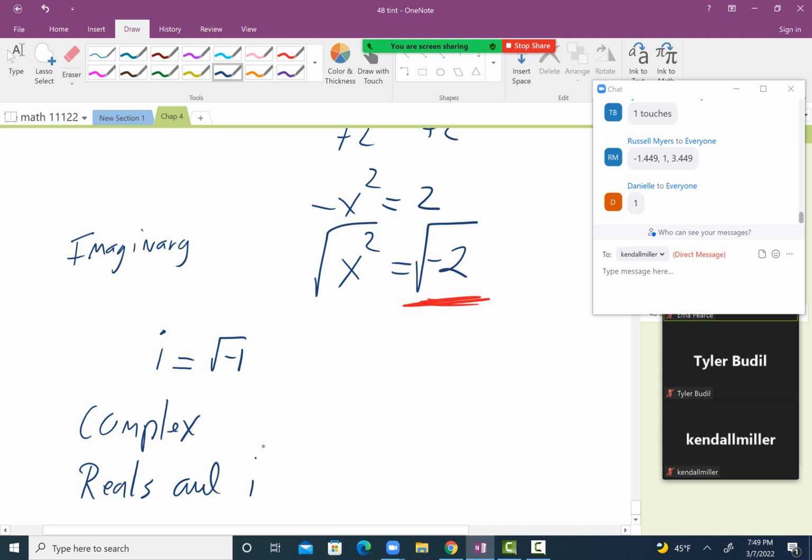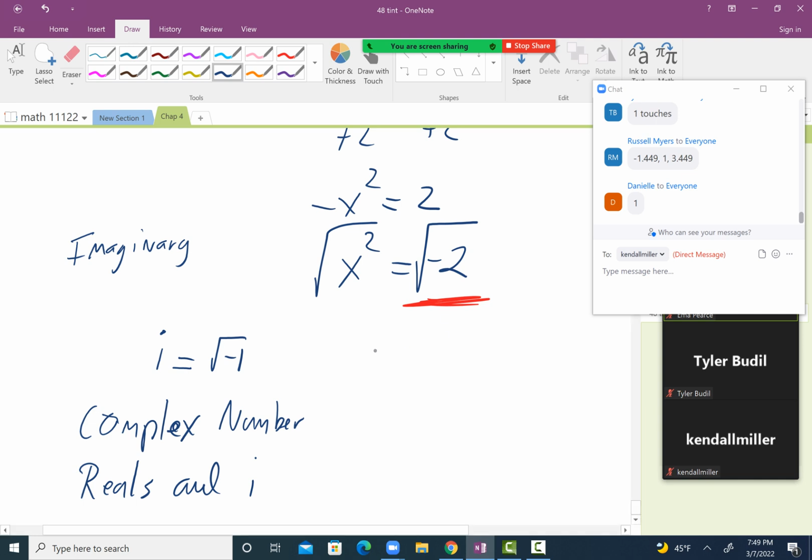Okay, that's your complex number system. So when we're solving these polynomials, you're solving them over the complex number system, which means you could have some imaginary numbers as solutions.